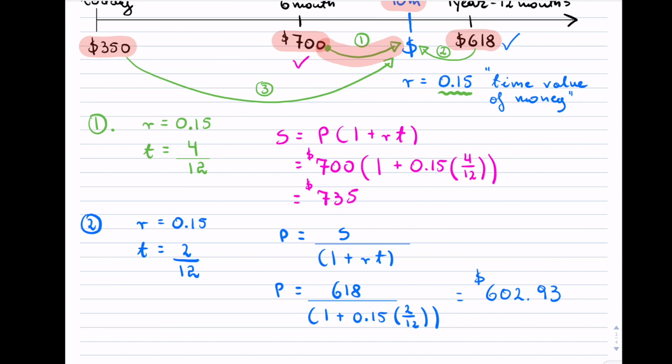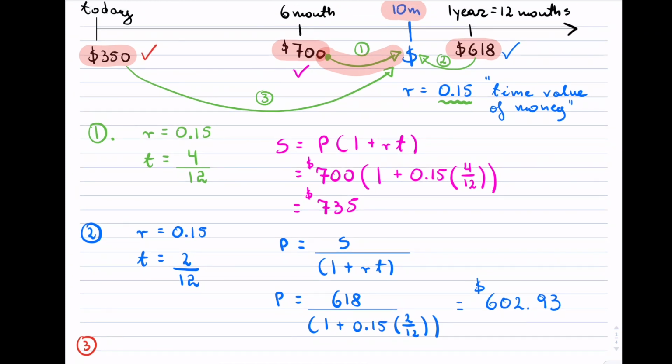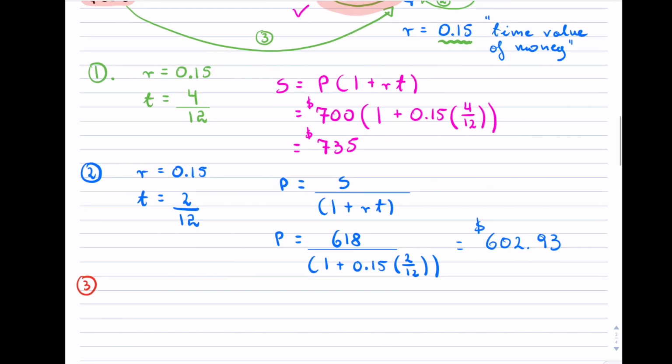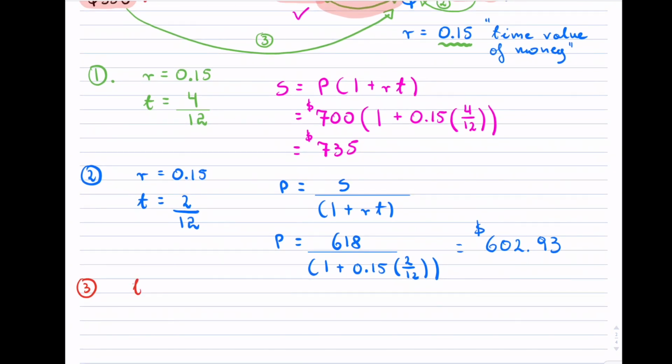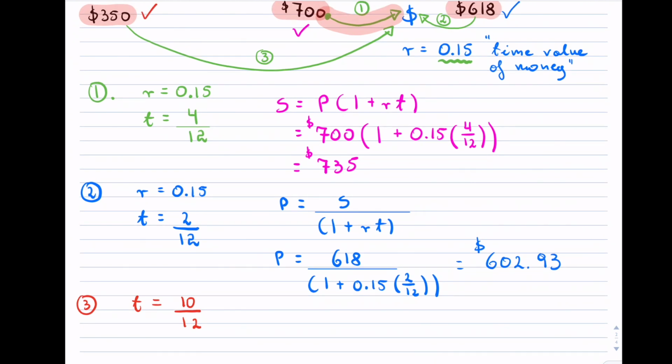Now the last one that we have, so that I'll put here is number 3. We have this 350, and now we have to shift that from today all the way up to 10 months. So r stays the same, but t is 10 over 12. And now, again, am I moving it into the future or am I moving it back?